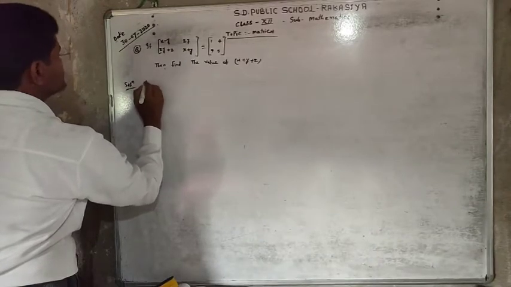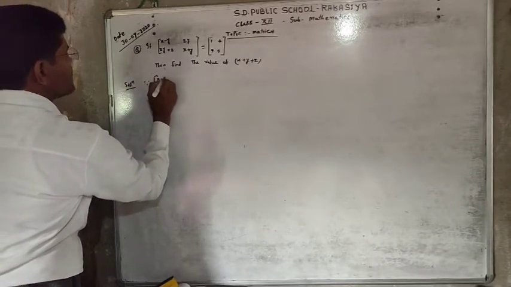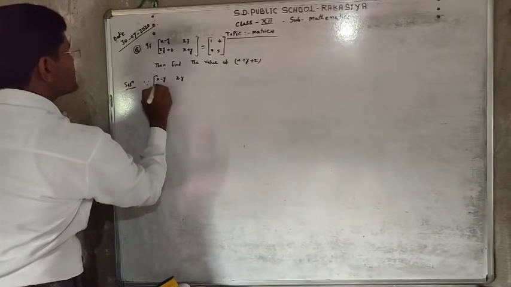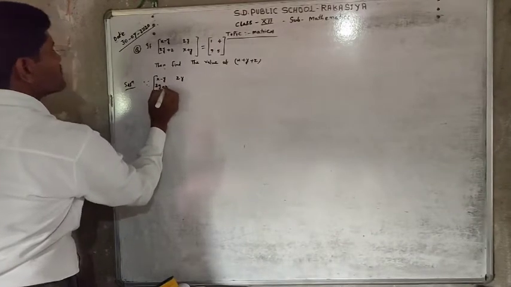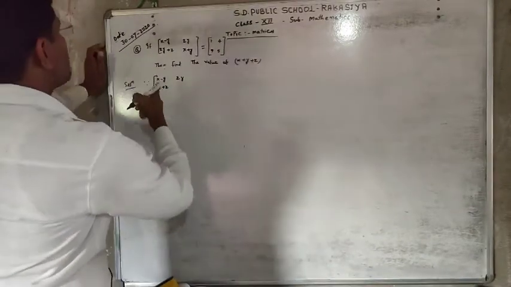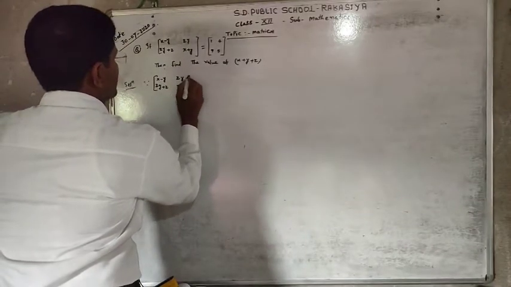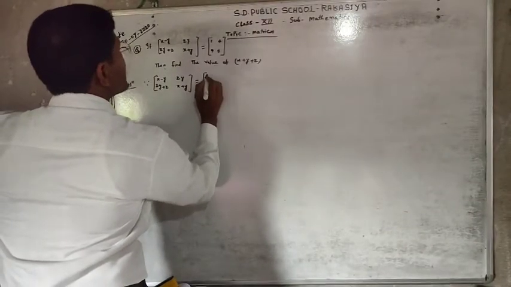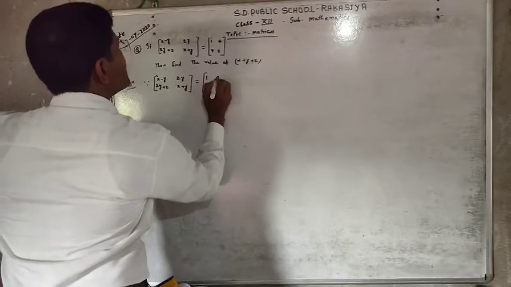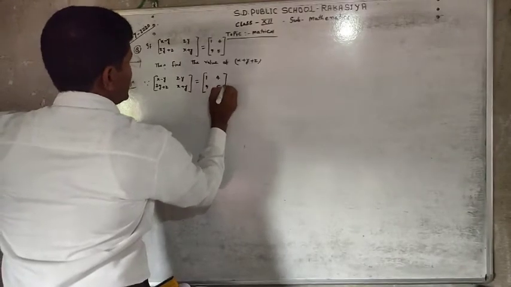Solution. Since both matrices are 2 by 2, with elements x minus y, 2y plus z, 2y and x plus y, and it is equal to the other matrix 1, 4, 9 and 5.